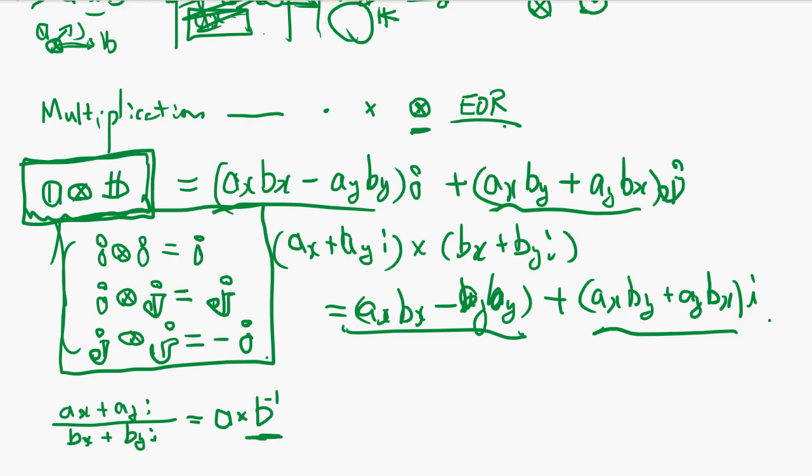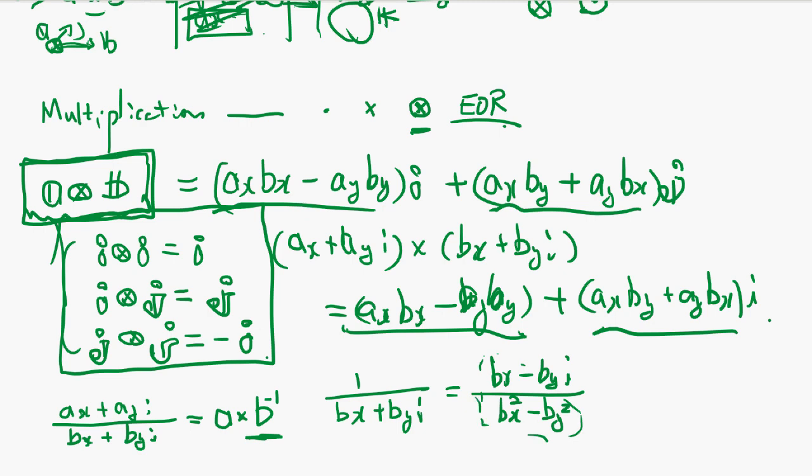And the reciprocal number, you calculate this, 1 over bx plus by I, is going to be bx over (bx squared plus by squared) minus by over (bx squared plus by squared) I. So this portion is going to be the real part, and this portion will be the imaginary portion.